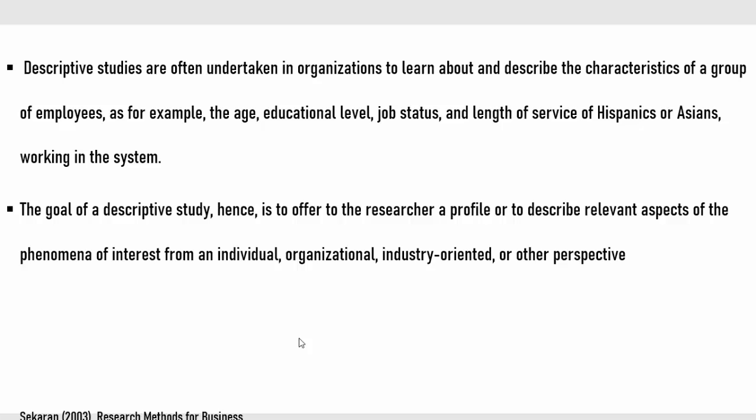The larger organizations, multinational organizations, need information about their employees' backgrounds, so they can collect such information through descriptive studies. The goal of the descriptive study, hence, is to offer the researcher a profile or describe relevant aspects of phenomena of interest from an individual, organizational, industry-oriented, or other perspective.